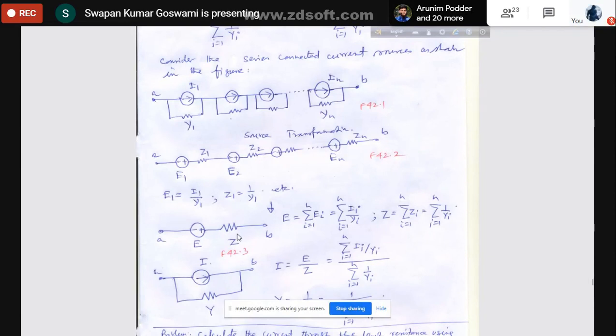Then we want to go back to the form of a current source, because originally it was a current source. Convert this voltage source into a current source again. How?